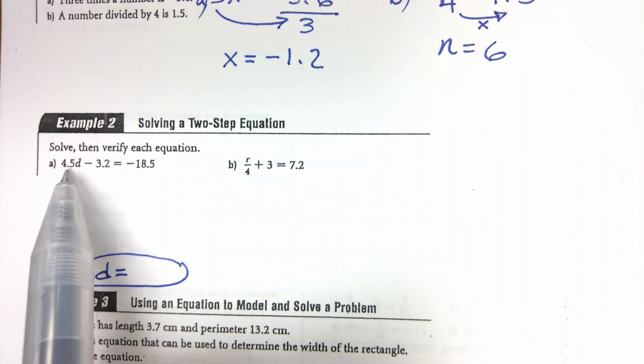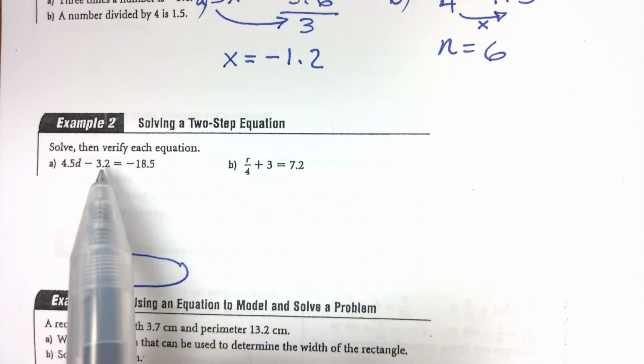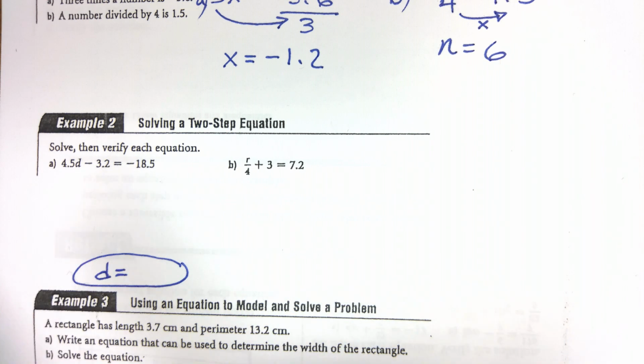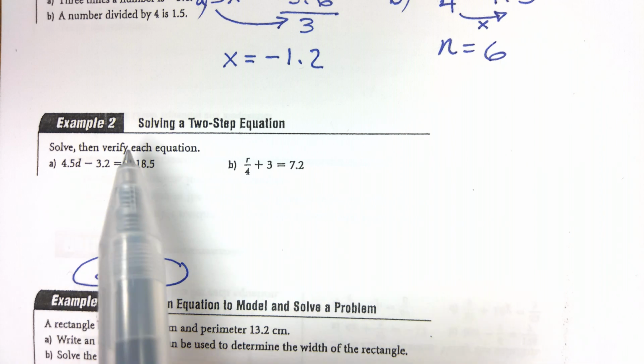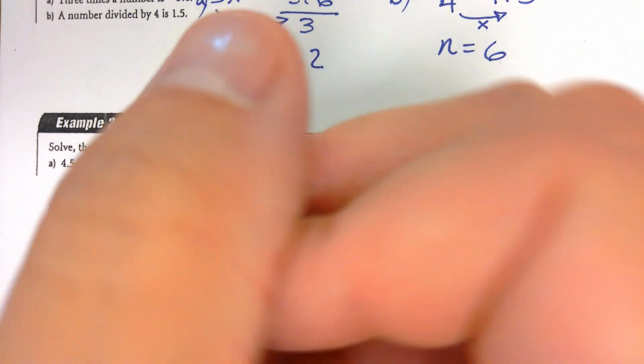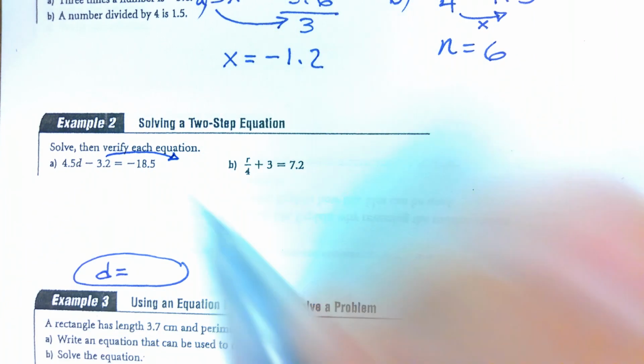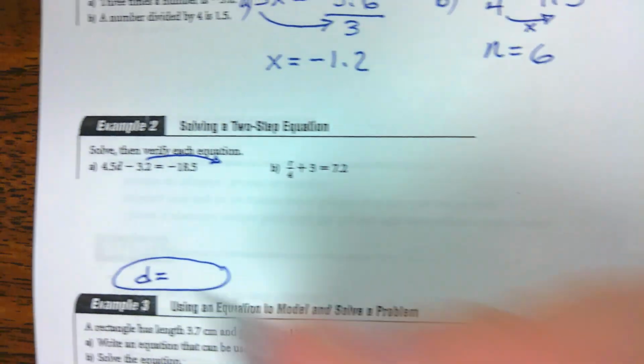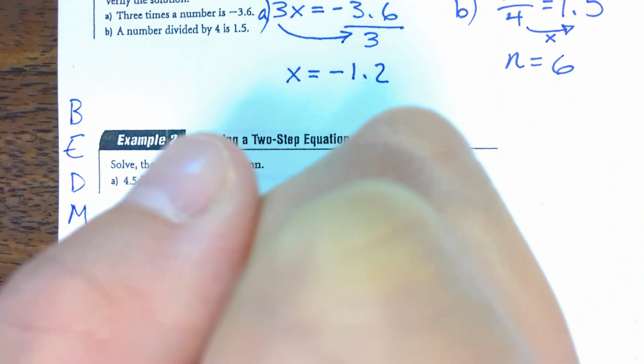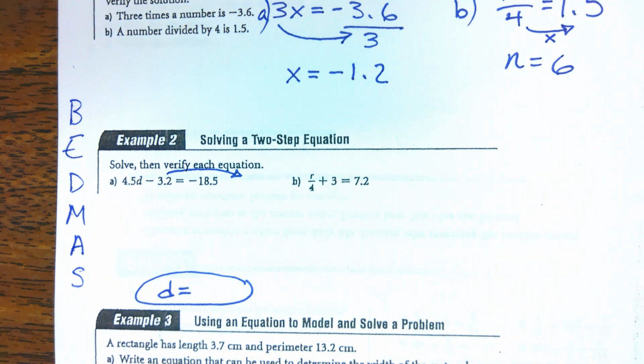So should I be dealing with the 4.5 first or the negative 3.2 first? Badar? Negative 3.2. Good. How do you know? Because you have to remove the subtraction by making it a positive on the other side. Right. So in the past, you have always been told to do BEDMAS this way, but when you're solving, you go in the reverse order.